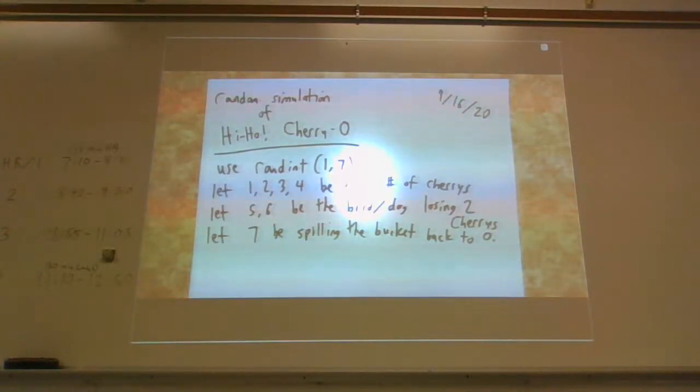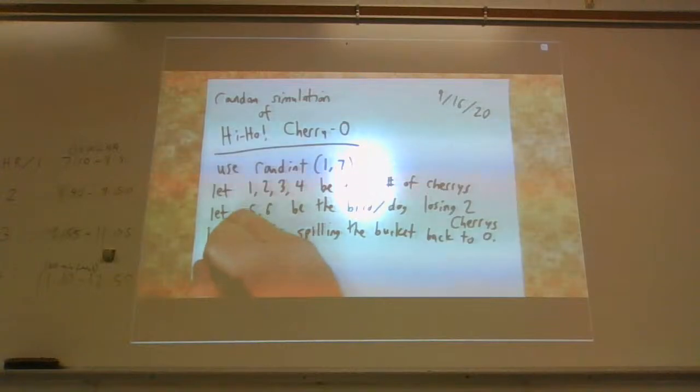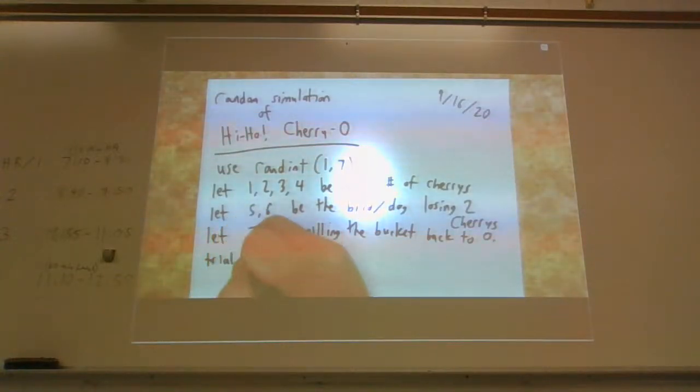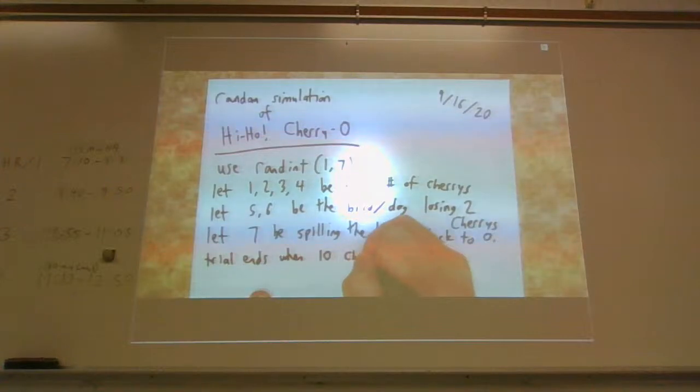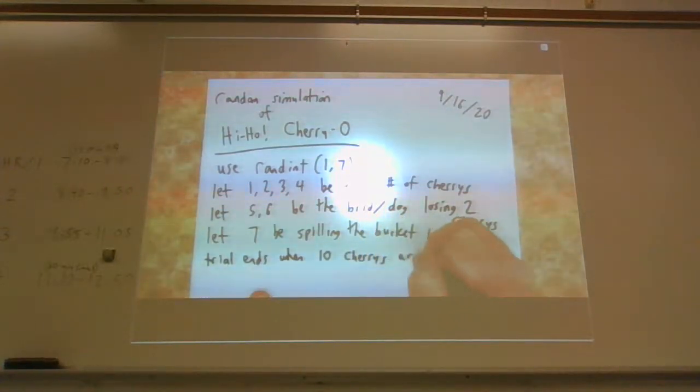How do I know to stop the trial? According to the rules of Hi-Ho-Cherry-O, what does that mean? 10 cherries. Yeah. And again, you're not going to have to physically move any of the cherries around. You're not going to have to put everything back on the tree. But the trial ends when 10 cherries are collected.